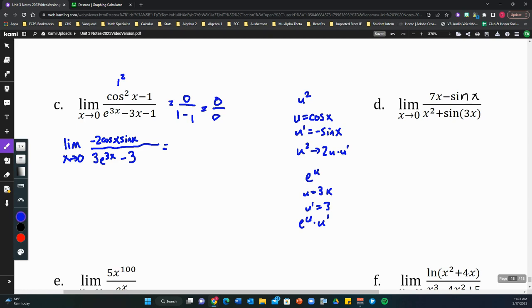So when I substitute 0 in, I'm going to get negative 2. Cosine of 0 was 1. Sine of 0, though, is 0. So that whole numerator is going to be 0. So as long as we don't get 0 on the bottom, we're done. But in this case, we will actually get 0 again because e to the 0 is 1. So we end up with 3 minus 3 again.